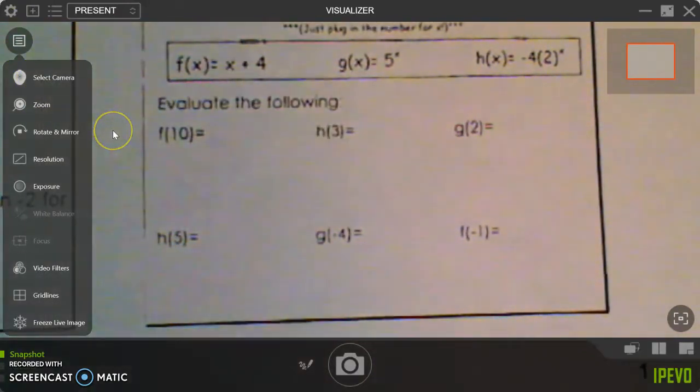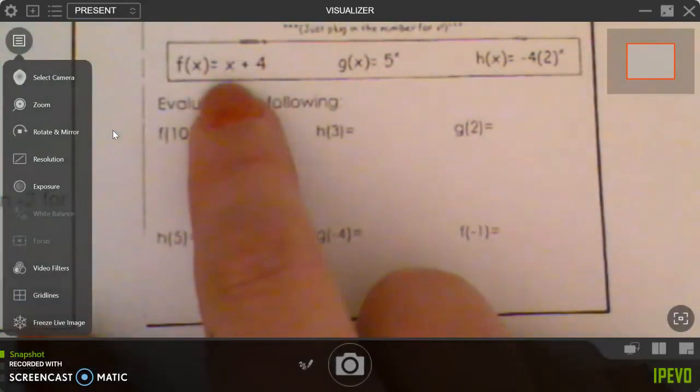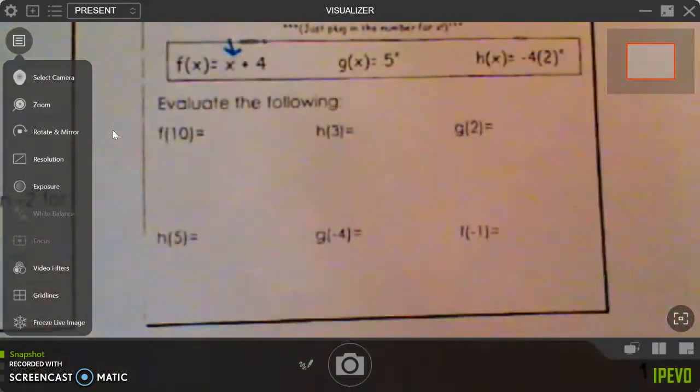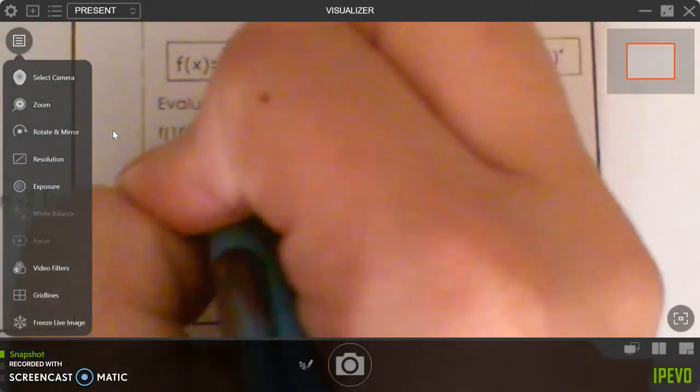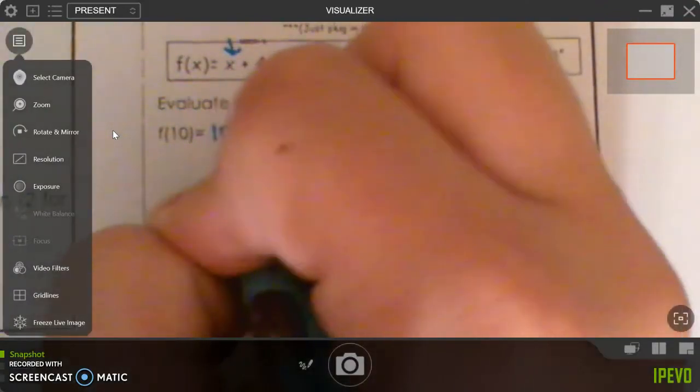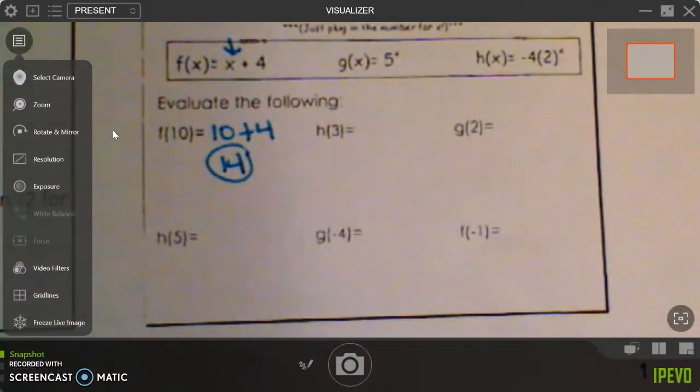F of 10 means we're using the f of x function, x plus 4. So I'm taking this x in the x plus 4 and making it a 10. 10 plus 4 gives you 14. Okay, so that was the f function.